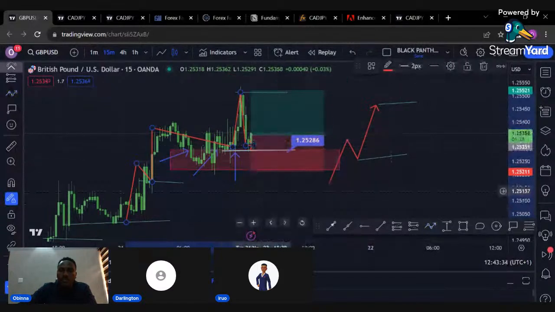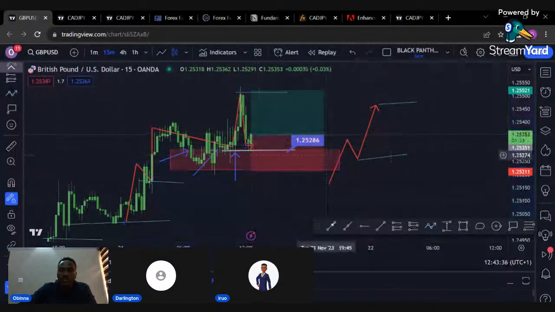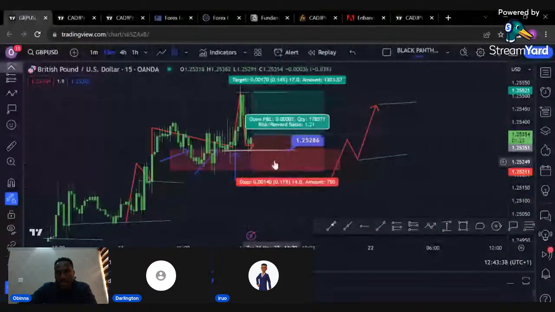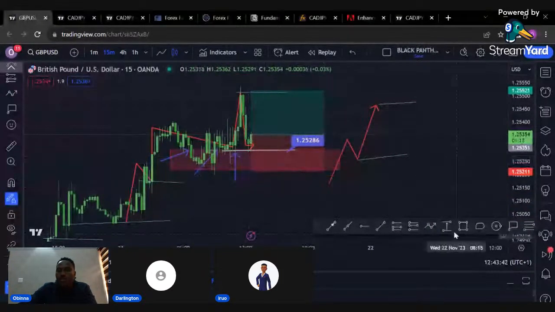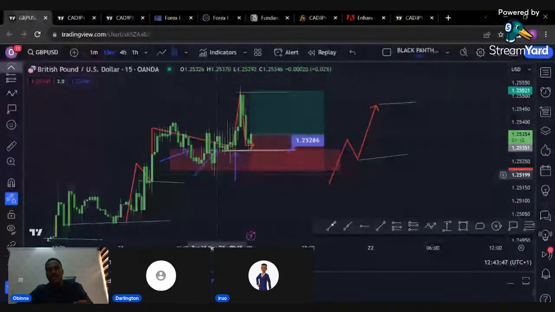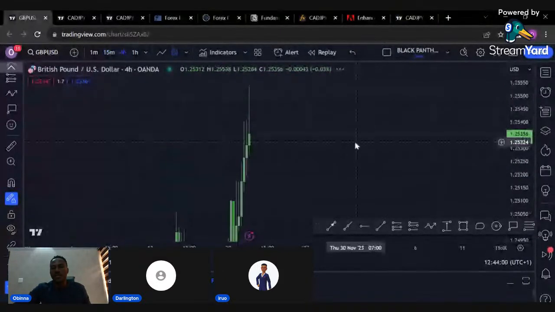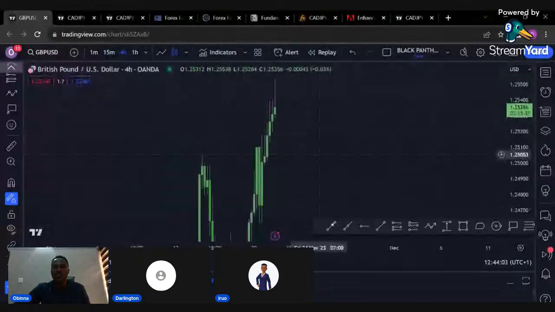Okay. That's fine. So it doesn't mean that price cannot pull back and go down, but I'm just explaining that from the 15 minutes time frame, this is the higher low. Then from the 4 hours time frame, price has pushed.